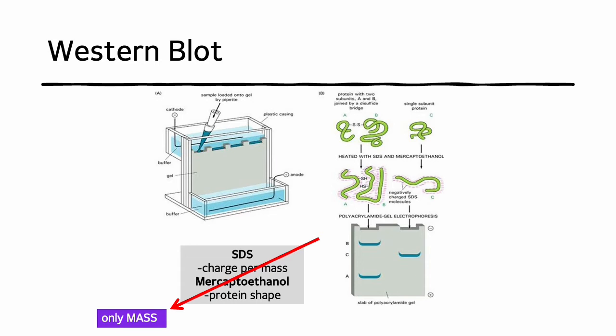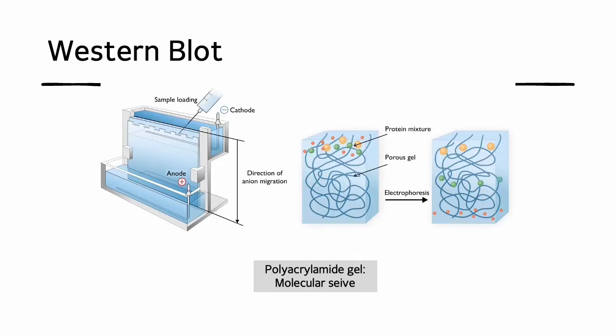That's why, even though proteins have very different shapes and very different charge per mass, SDS-PAGE can separate that pool of proteins only according to mass.